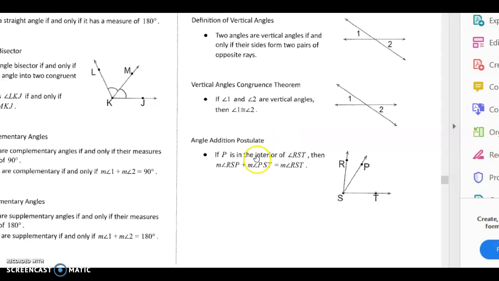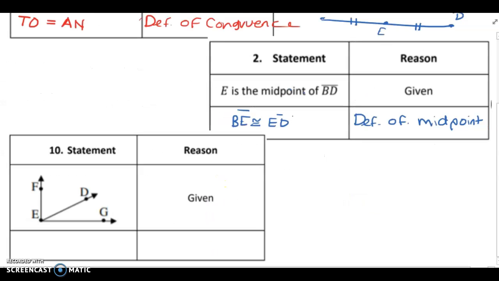Okay, remember the angle addition postulate from chapter 1. It says if P is in the interior of angle RST, then this angle here plus this angle here is equal to the whole entire angle. So we can apply that same thing to this diagram. We can say that this angle here plus this angle here is equal to this entire angle.